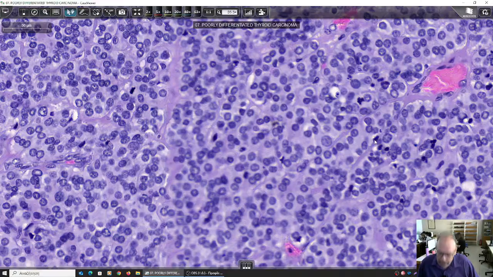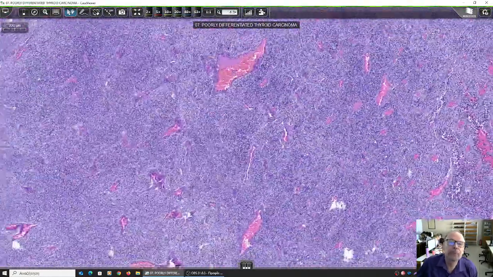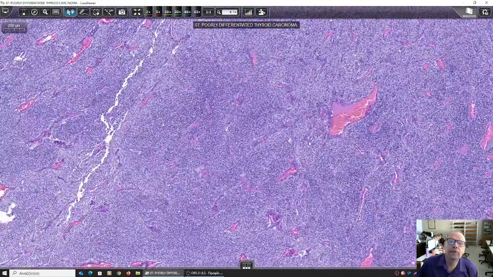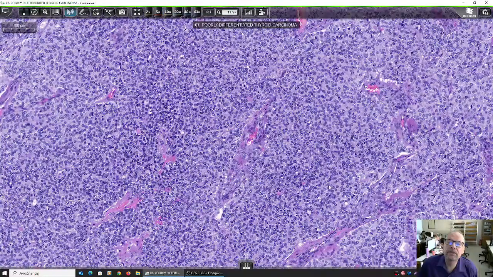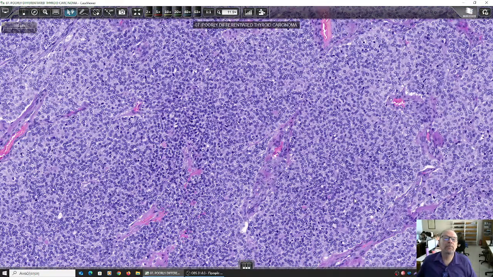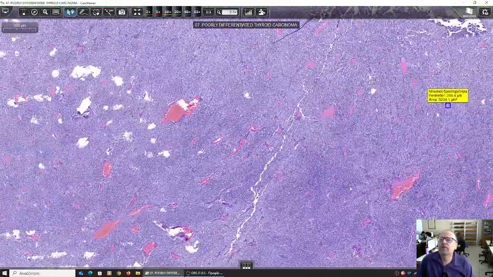And what pattern is this? How would you describe this pattern that predominates in this malignant neoplastic population? If you see just sheets of cells, it is a solid pattern. This is compatible with high grade, poor differentiation.